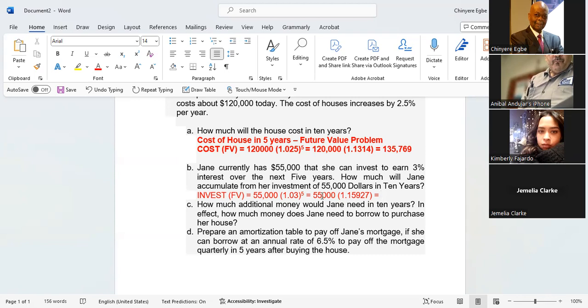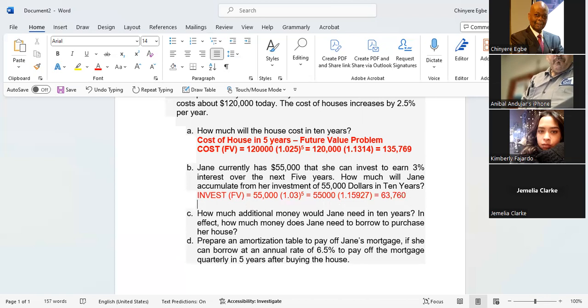Okay. You are correct. 63,759. So let's call it 63,760. So that is how much money you would have accumulated, you have invested.